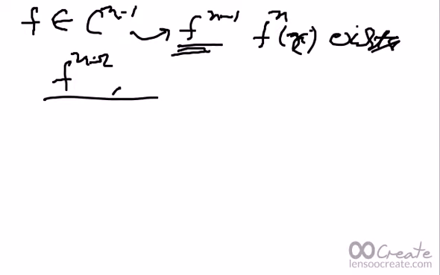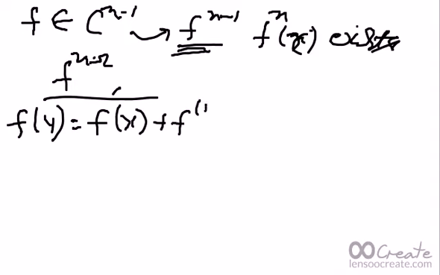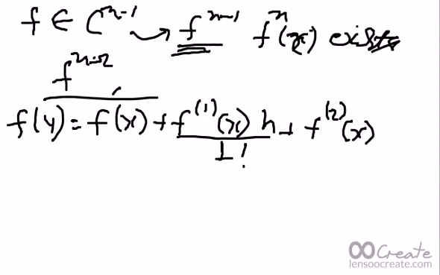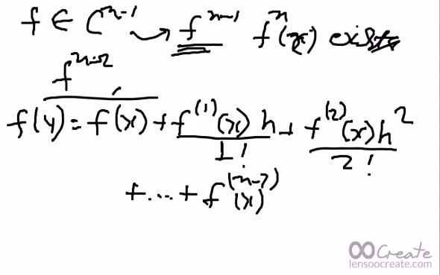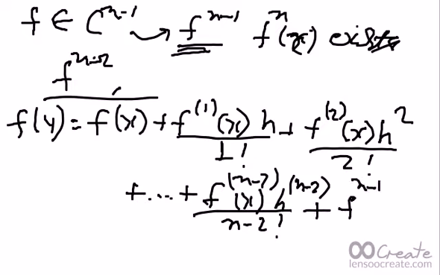So we actually give up a little bit of accuracy and write f(y) like this: equals f(x) plus f'(x) h by factorial 1 plus f''(x) h squared by factorial 2 plus dot dot dot plus f^(n-2)(x) h^(n-2) by factorial (n-2) plus f^(n-1)(t) h to the power n-1 divided by (n-1) factorial.